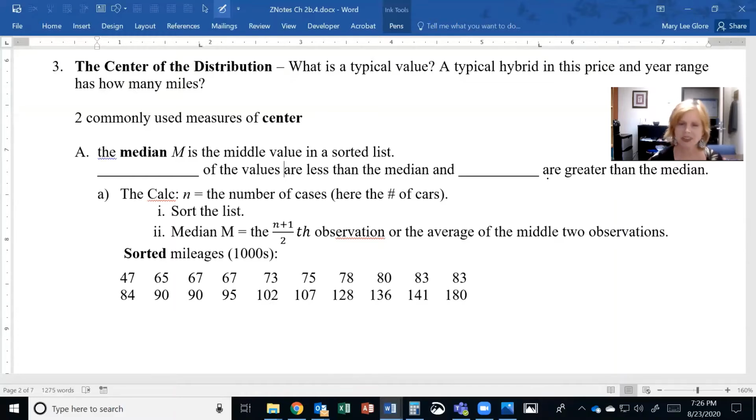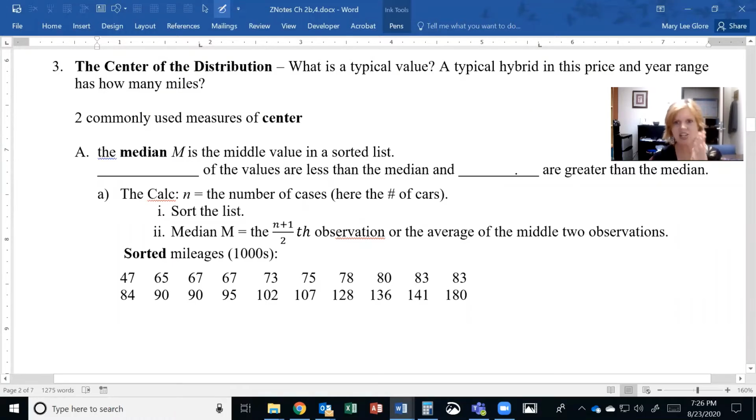And so I want to know an average. But what is going on in the middle of that distribution? There are two measures of center that we tend to use in statistics a lot. One of them is the median, and the other is called the mean. The median has to do with counts.